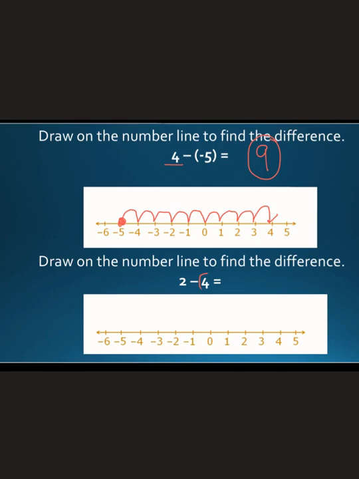Next one, I'm starting with the number +4, put my dot, and I'm jumping to +2, 1, 2, so I went 2 jumps, and I went to the left, so it's a -2 as my answer.